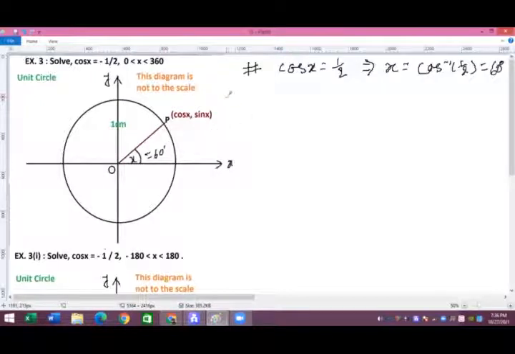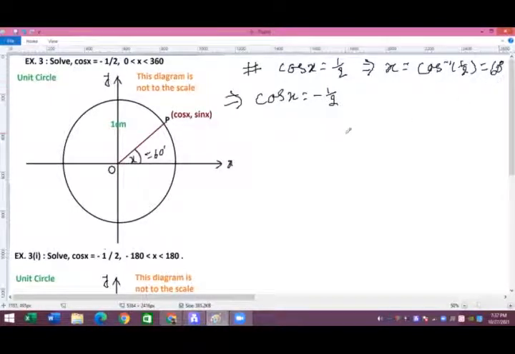But in this case, you can see that it is given that cos x equals minus half. That means cos is negative, and you know that cos is positive in the fourth quadrant and in the first quadrant. So we will not find the values of cos in the first quadrant, although we have taken this as the principal value.